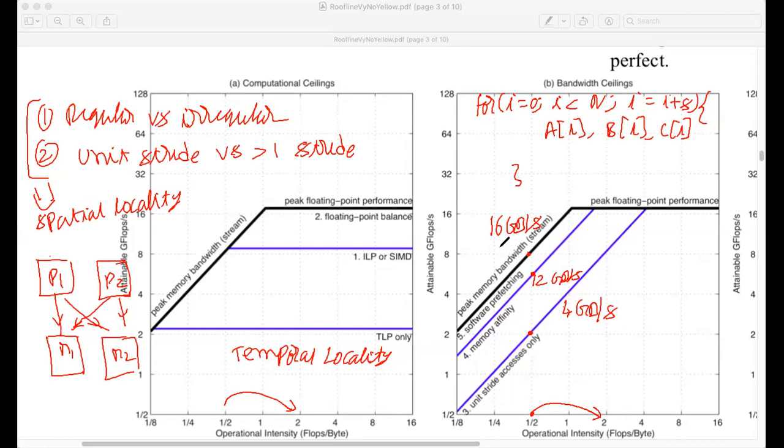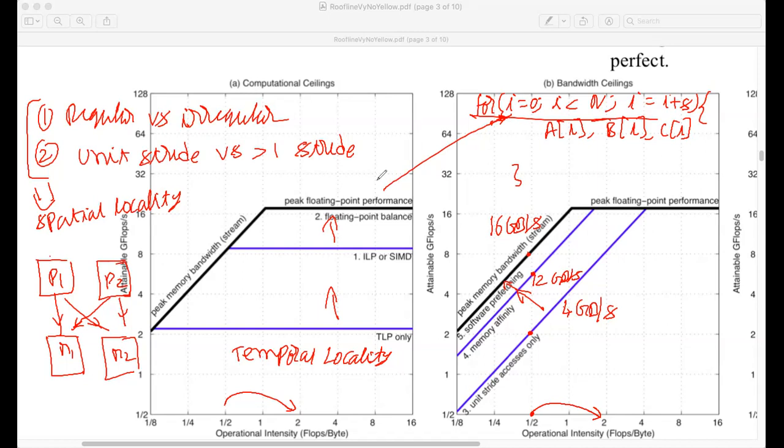So through memory optimizations we are moving this line in this way, and through compute optimizations we are moving the compute roof up. As we keep moving both up, they intersect higher up, and you are lifting the whole roof, and through that you get the best performance for your application.